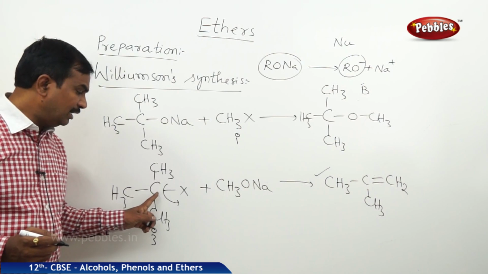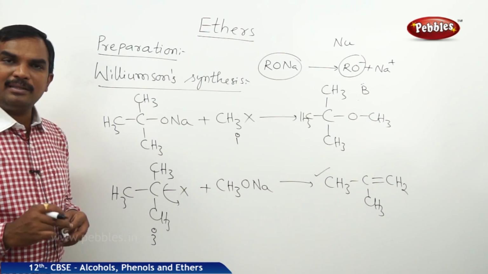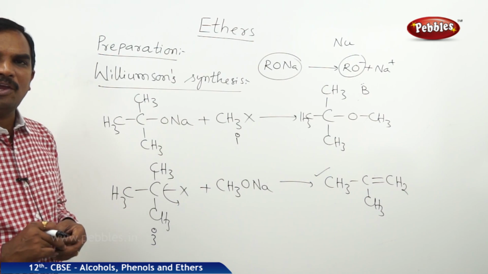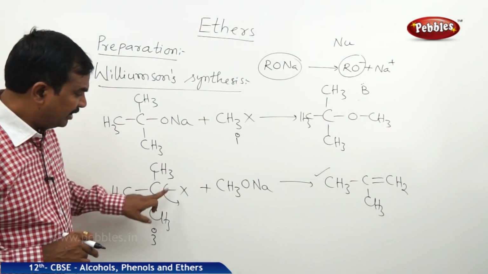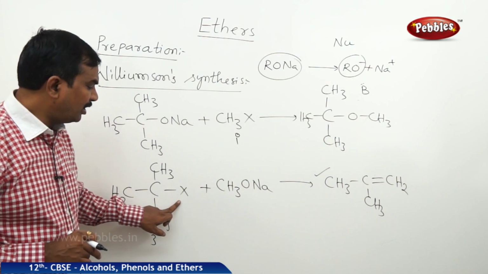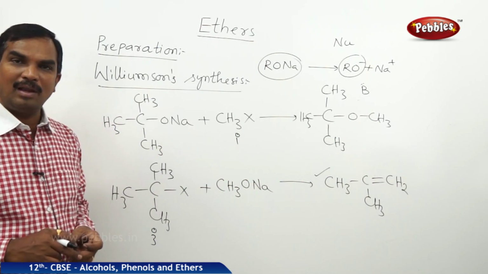Now we can get the tertiary carbocation, and we are aware that the tertiary carbocation is highly stable. That's why whenever we use tertiary alkyl halides, the final product is the corresponding alkene.